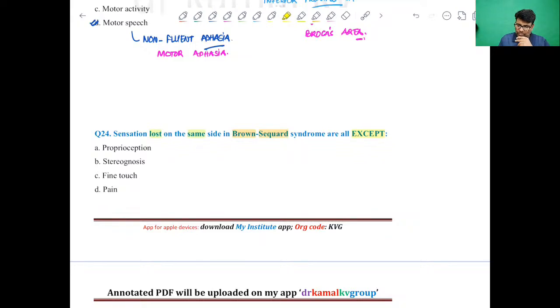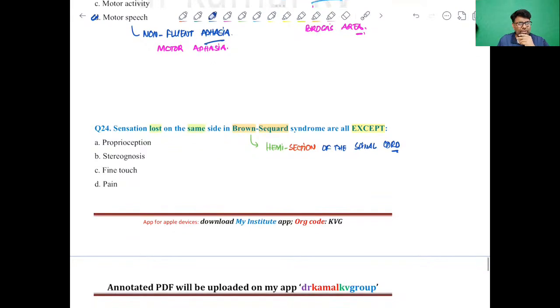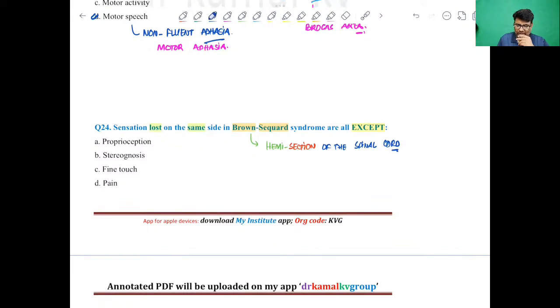Now, Brown Sequard syndrome is also known as hemisection of the spinal cord. Clear? So this is the hemisection of the spinal cord.